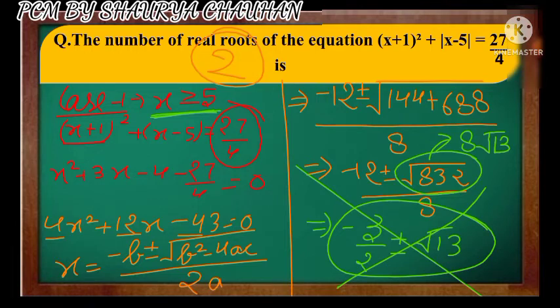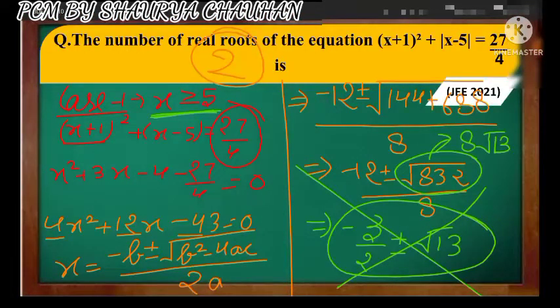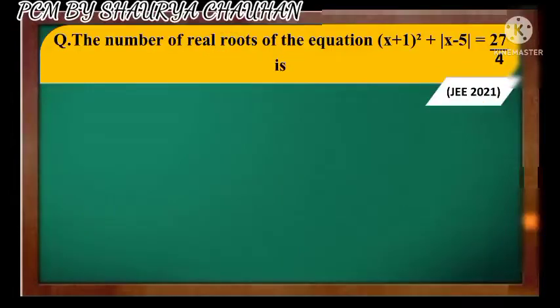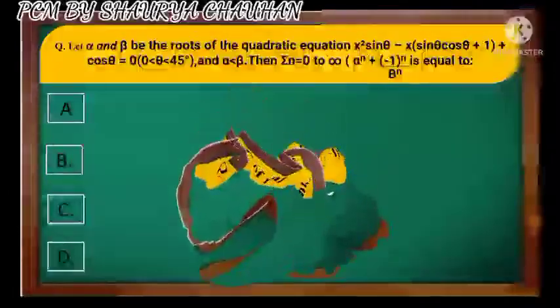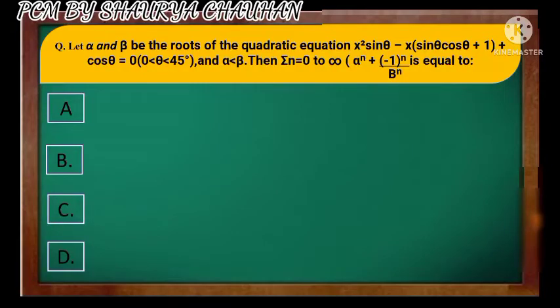Now let's see the third question, and this question came in JEE 2021, means this question is fresh. Third question is here. Let alpha and beta be the roots of the quadratic equation x squared sin theta minus x sin theta plus 1 plus cos theta equals 0, where theta lies between 0 and 45 degrees and alpha is less than beta.